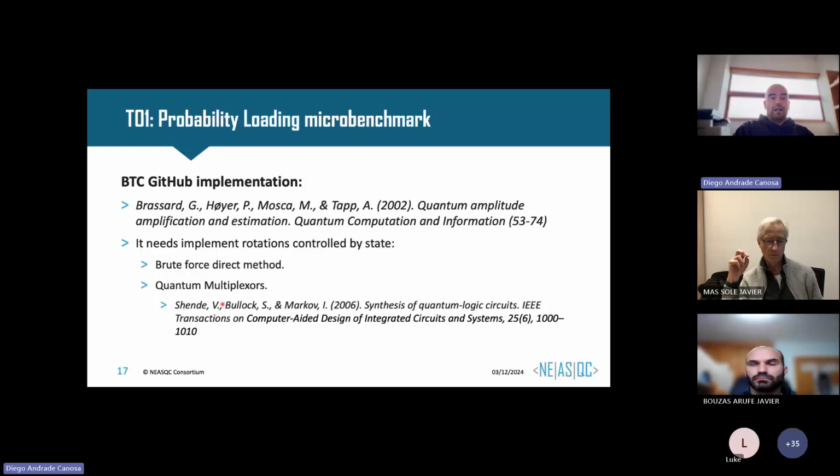So in order to implement the unitary operator, there are several methods. Some of them are classical, like the 2002 proposal from Brassard, and they are based on rotations controlled by state. The original approach follows a direct brute force approach, but there is another approach based on quantum multiplexers from 2006 from Shende that makes a less deep circuit.